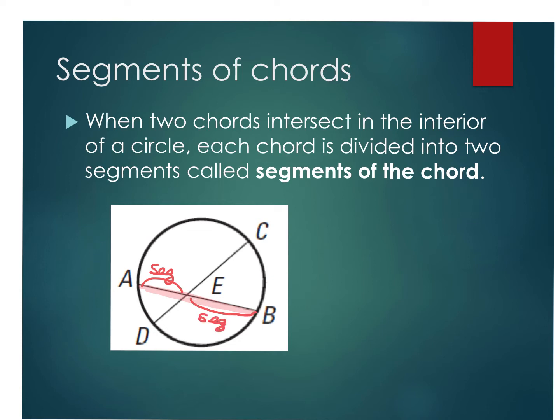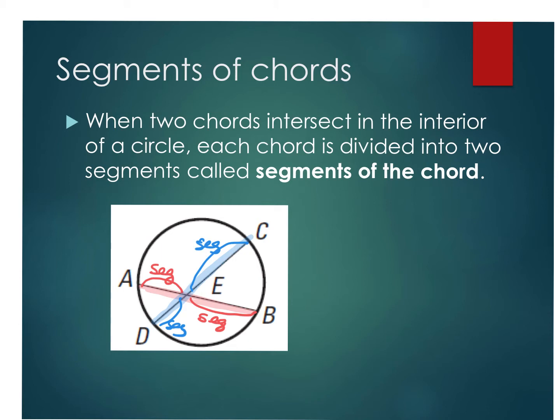Then the other chord, the DC, would get split into segment DE here, and then segment EC. So this is what it means to have a segment of a chord. It just splits it into two smaller pieces when it intersects a second chord.